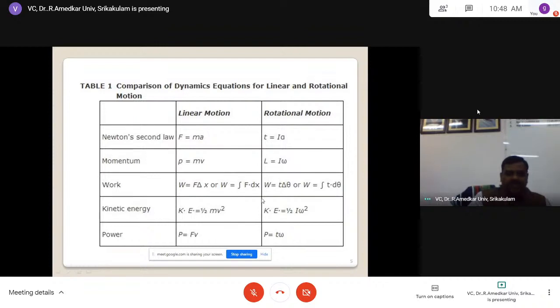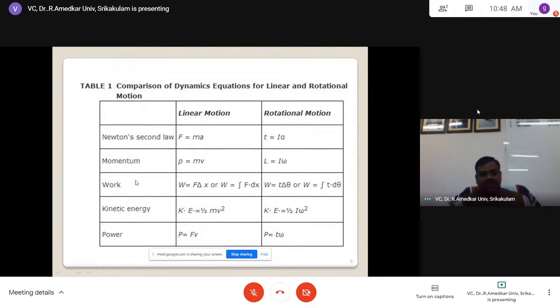Work done is force into displacement, the integral of F dx, linear displacement, translation x. Whereas here, work done is, instead of force, we have to use the torque or a moment, T, and dx is replaced by d theta because it is rotation. If it is a plane motion, combine both the equations.